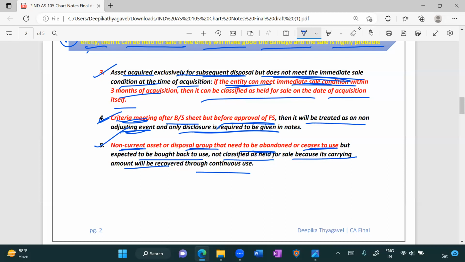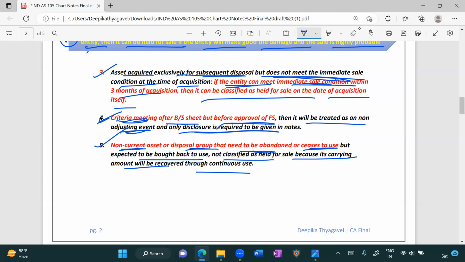The standard says no. Because when we discussed the scope of 105, you classify a non-current asset only when your intention is to recover its value not by use but by sale. But here, you are expecting to recover the value of the asset by use, not by sale.